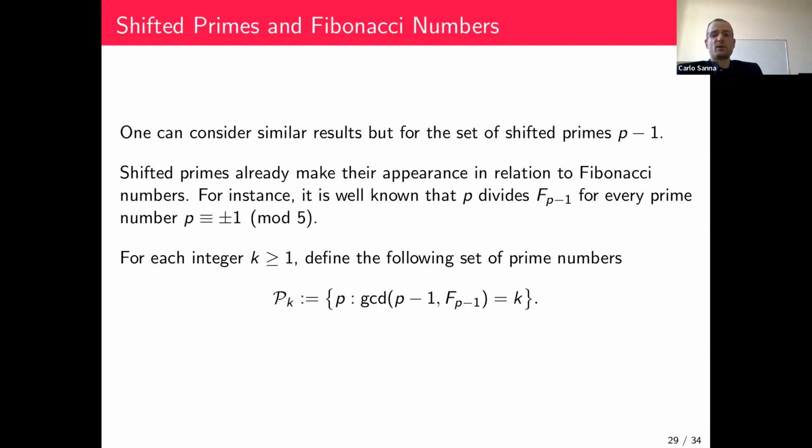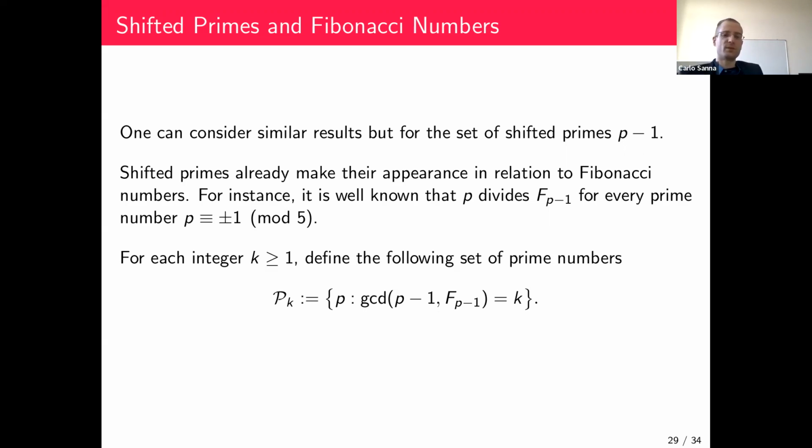Instead of considering natural numbers, we considered shifted primes. Of course, considering primes would not have made sense because we would have had the GCD of p and F_p, which is usually 1, so not interesting. But for shifted primes, I hope it's a bit more interesting.